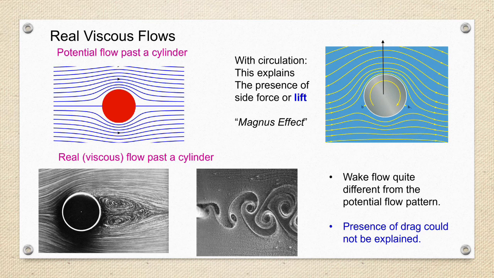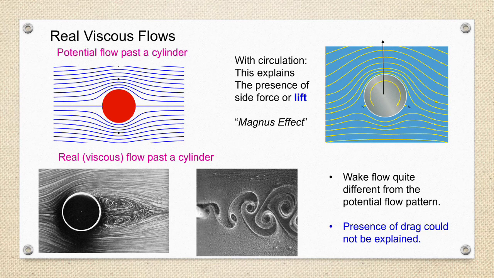And this is the reason why a table tennis ball experiences a top spin, or a football, when kicked by a football player appropriately with a spin, actually deviates from its linear path. So it follows a curved path. And it's essentially because of the side force due to the spin. And this can be very much understood in the context of potential flow theory.